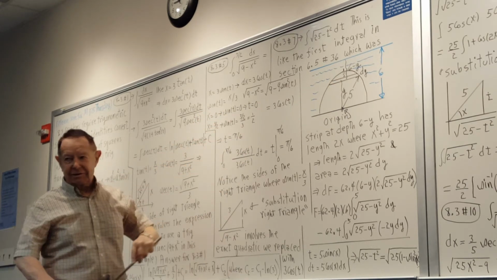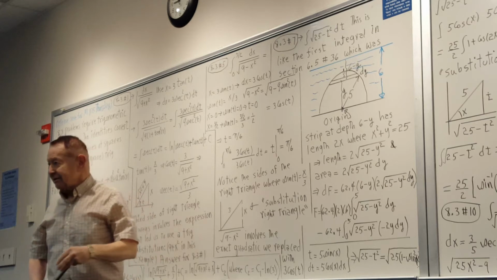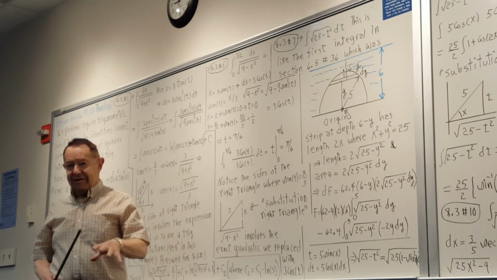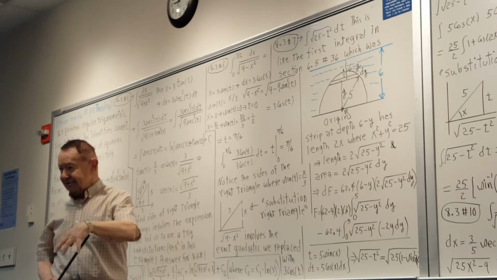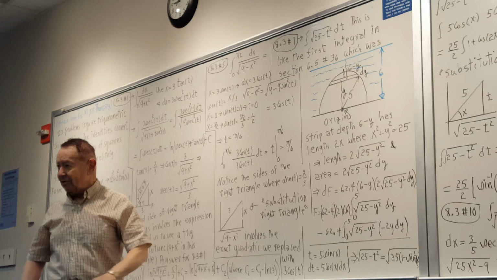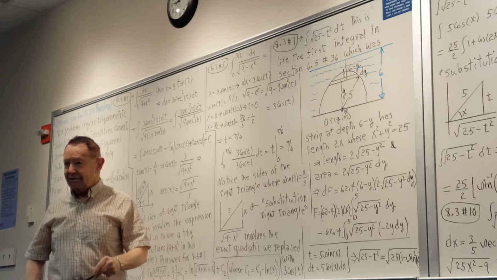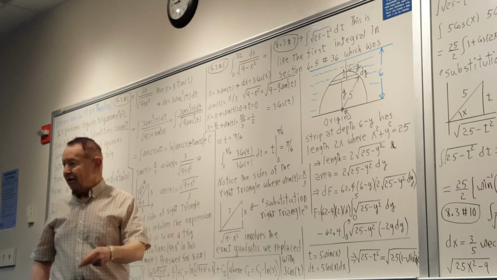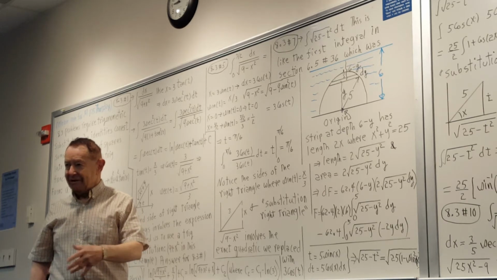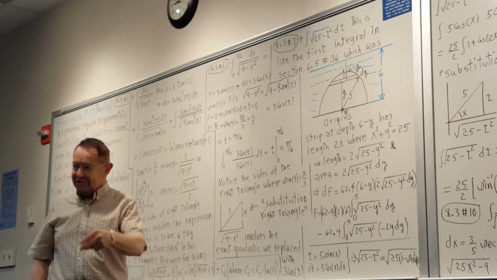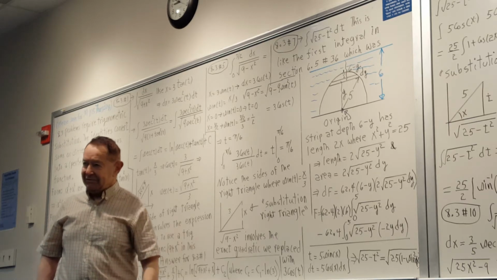You remember that your Pascal law is that the pressure is the depth times the density of whatever the stuff is, the water, say. And then your force is, well, first of all, pressure is force per unit area, so force is pressure times area.